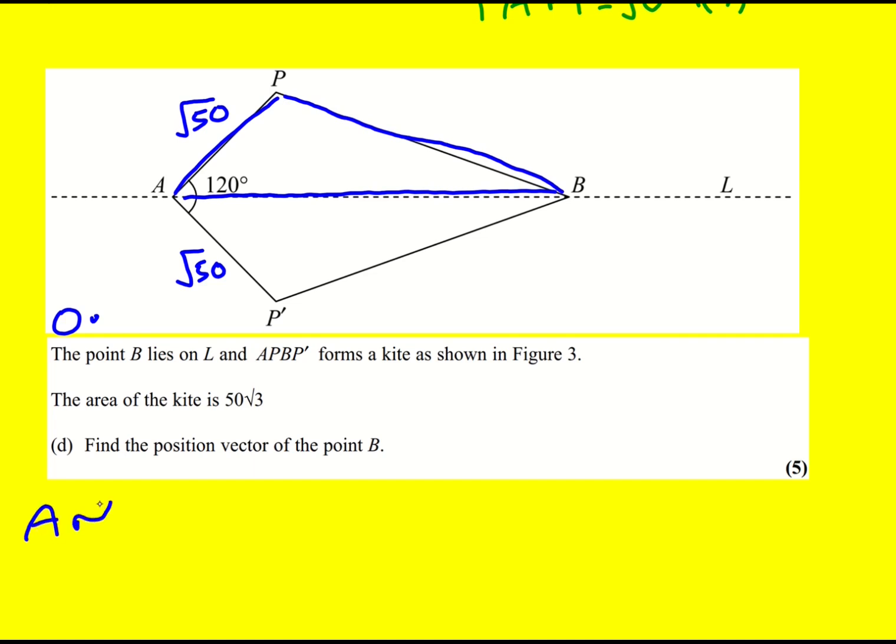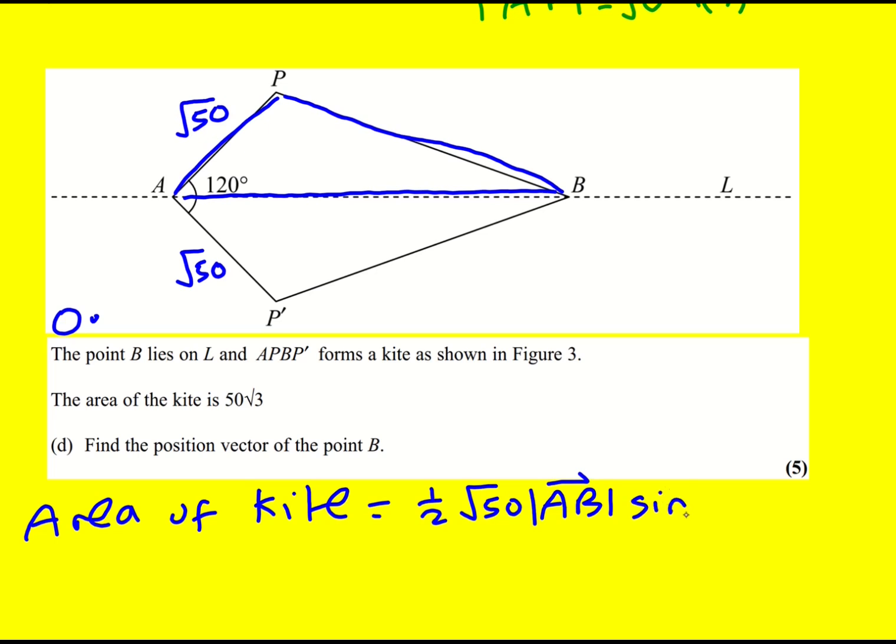So area of kite is going to equal, right, the top triangle is going to be a half root 50 times AB times sine of 60, because it's going to be half this angle here. And then the bottom triangle is going to be exactly the same. So I can just times by 2, cancelling these out. And remember, we're told that this is 50 root 3.